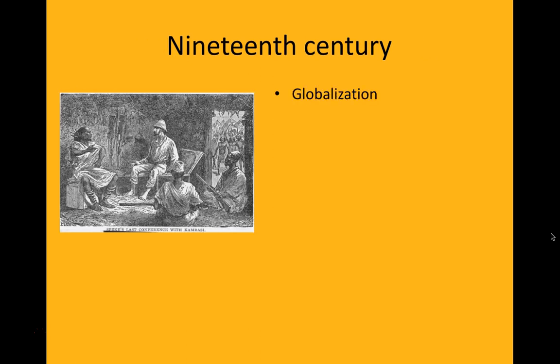Now, when it comes to the African perspectives here, right? So this is a pattern we're going to follow for a time here. We're going to talk about European motives and European activities, and then talk about African responses and African agency. The 19th century witnesses Africa becoming integrated into a globalized trading network.